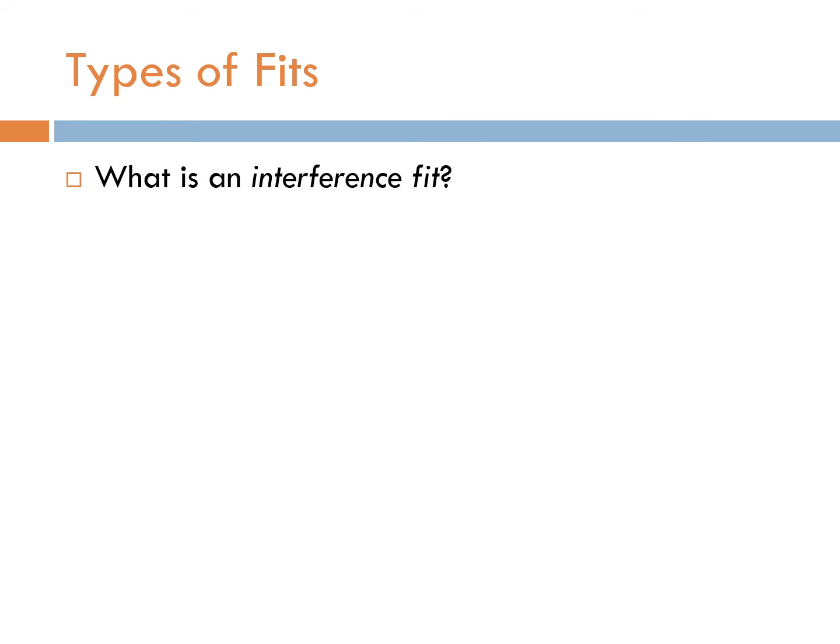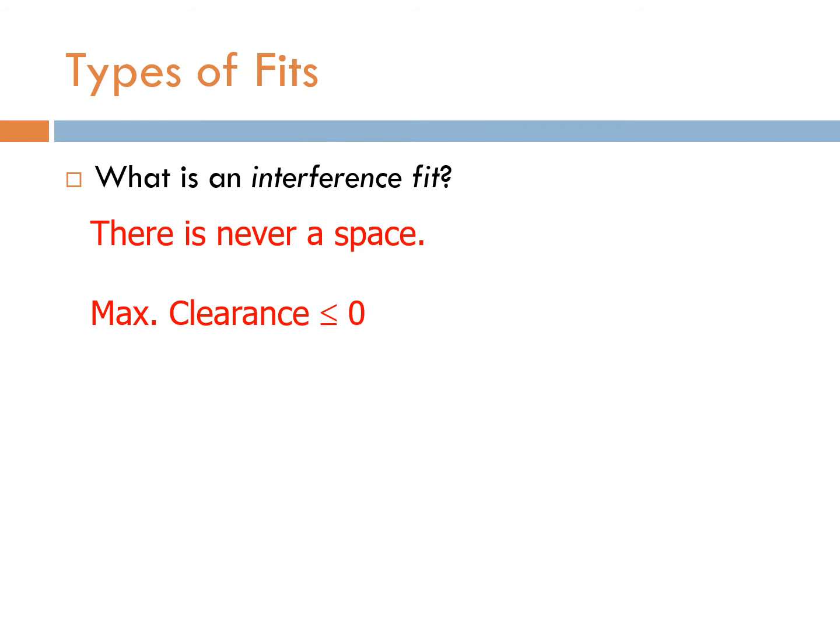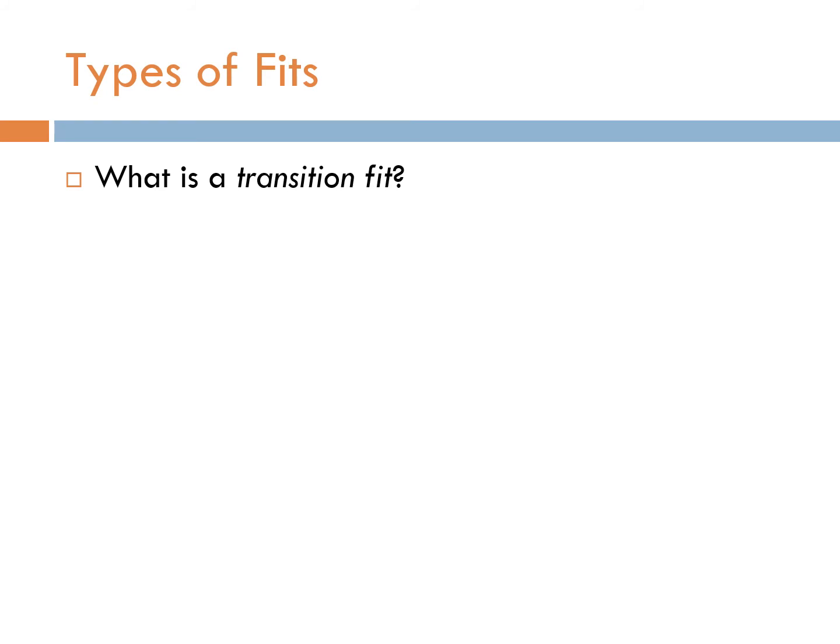Interference fit means you are going to have a condition where it's possible you have an interference between parts. It's either equal to 0 or less than 0, meaning the allowance is going to be negative. So there's no space that allows you to fit your shaft into a hole. And there's another terminology called transition fit.